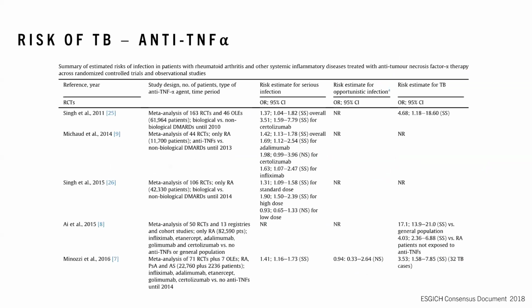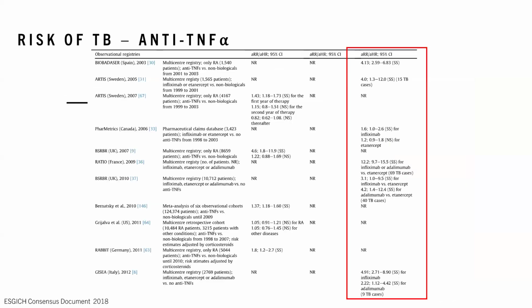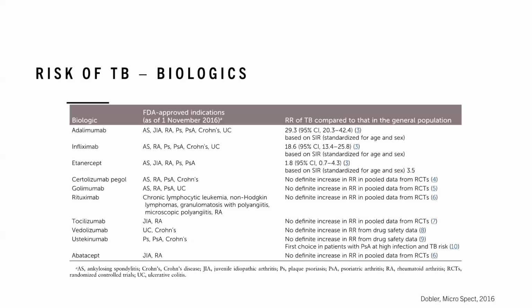If you look at the risk of TB with these drugs, it varies from about 17 times greater risk than patients who are not on TNF alpha inhibitors, to a risk of 45 times higher. But all of these studies are from observational registries in places like Sweden, Canada, France, UK, US, which is not really interpretable to our setting, so we need to be very careful.